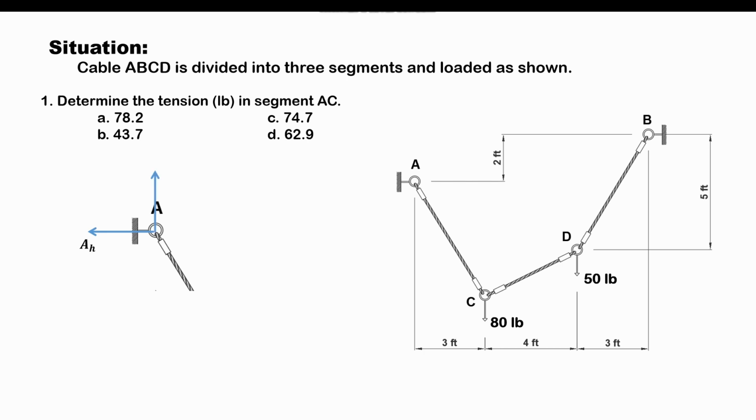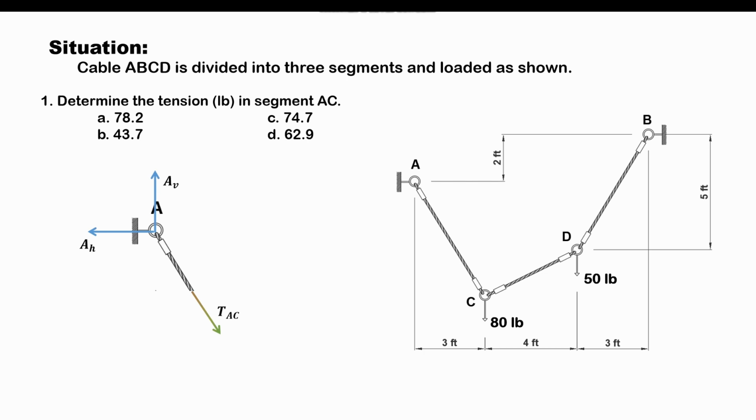Likewise, we also have the vertical reaction at A, which I denote as AV, wherein the subscript V pertains to vertical. The other force involved at joint A is the tension of segment AC, which I denote as TAC.